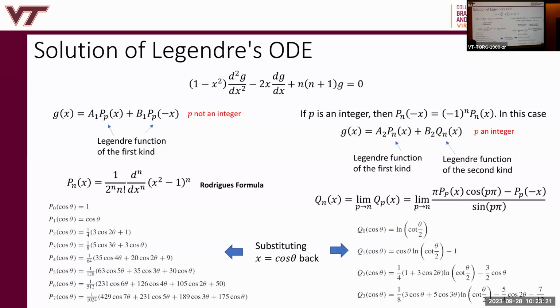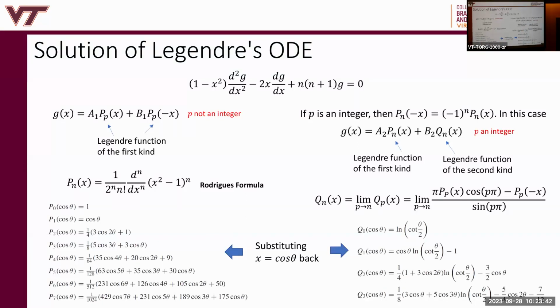So we can stop there. If p is an integer, we have to construct a new solution using the same approach we did in cylindrical coordinates. When p is an integer, we obtain a third solution, which we call the Legendre function of the second kind. And now our solution in general contains an expansion in these two linearly independent functions.